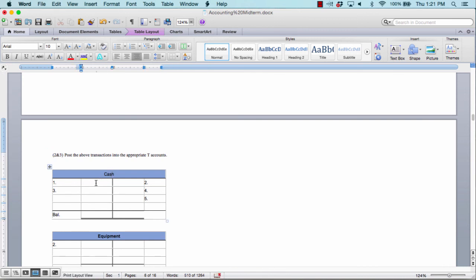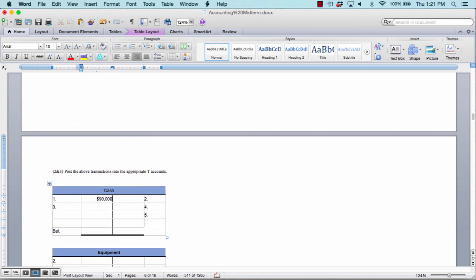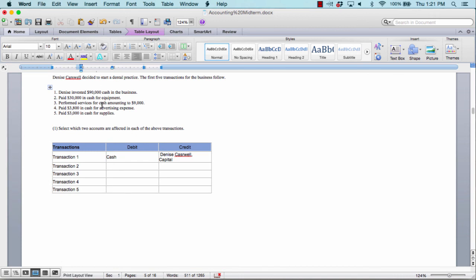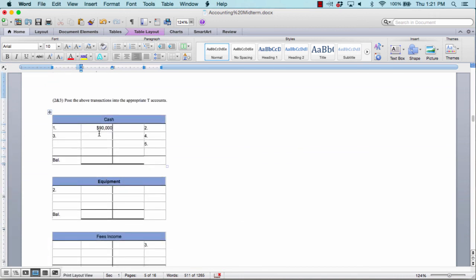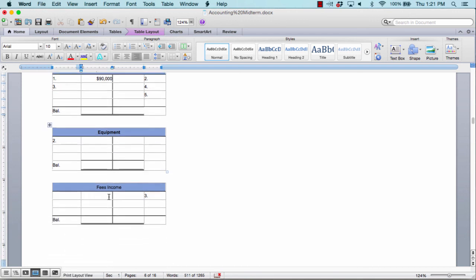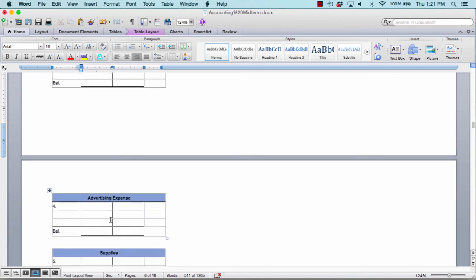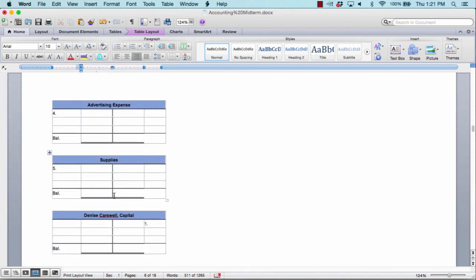Okay, you're going to write down right here $90,000. And anything else that is affected within these transactions that it affects cash, you write it down here. If it deals with equipment, then you write it down for equipment. If it's for fees income, that's the space. If it's advertising expense, that's the space.